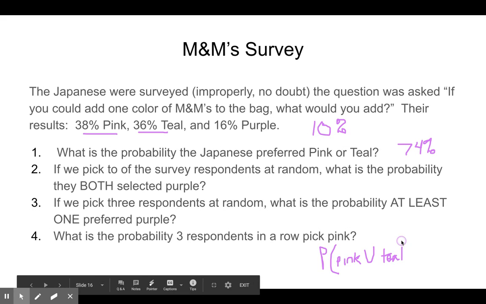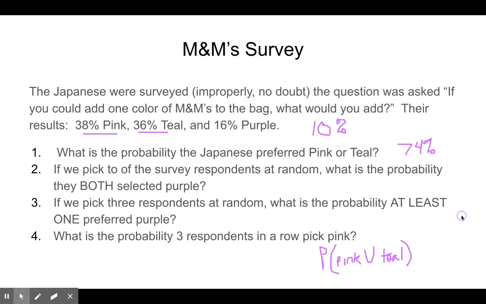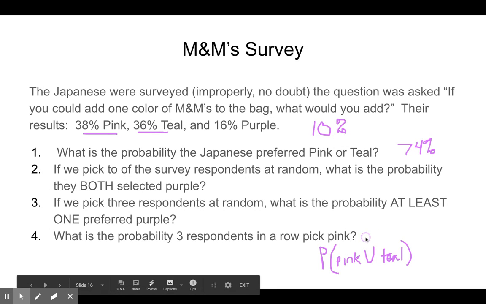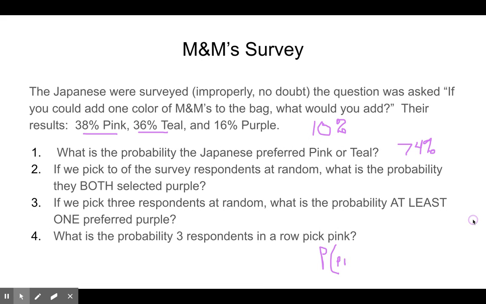If you're watching me go, man, I'm going to mess up the upside down U and so on, well, then don't write it. Just write the word or. You can just say pink or teal, put it in a probability, get your 0.74, and you'd be good to go. You don't have to use the little symbolic notation if you don't want to. Okay, but we do need to write those out properly, so get used to that for free response.